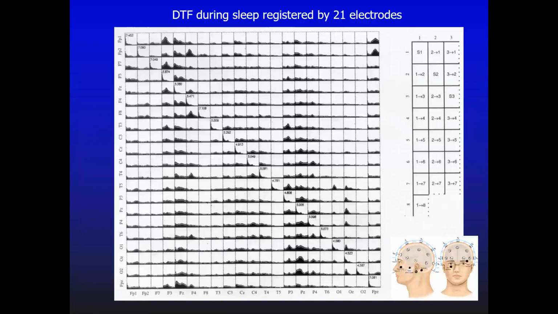Now let's come to the real data. So this is DTF functions for the EEG registered during sleep by 21 electrodes. And in this case, the channel from which the activity is spreading is marked at the bottom of this picture.